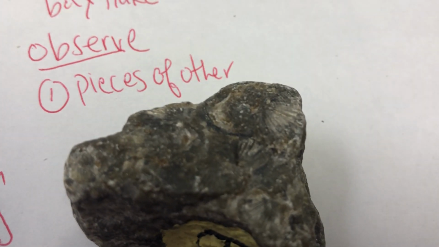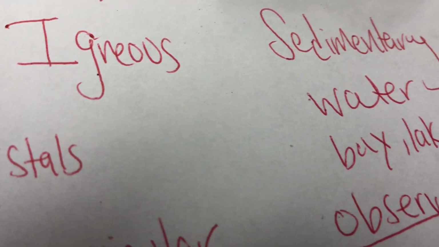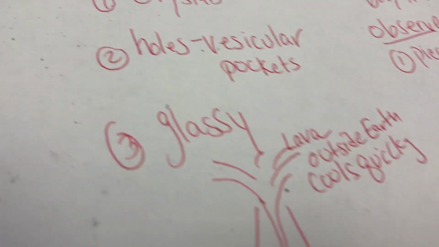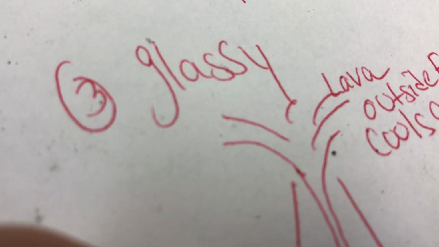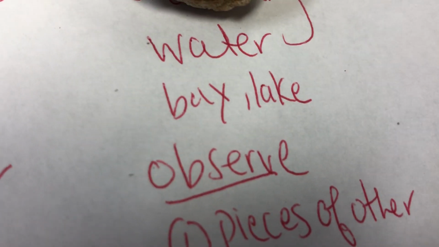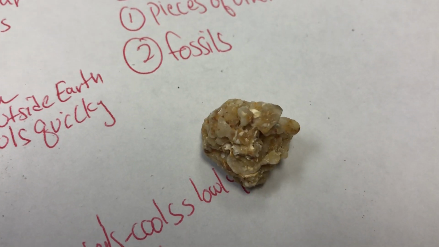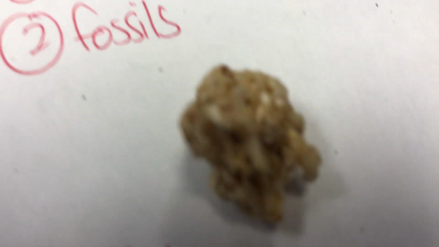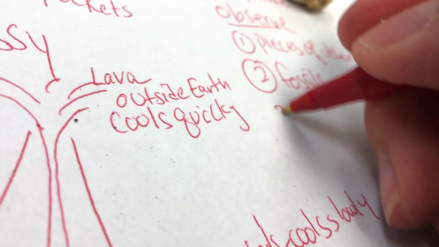All of these shells, these are living or once living animals, little clams and mussels. Now, if you see a fossil, that means it's a sedimentary rock. This one, which kind of looks like granola, it has the pieces of shells.